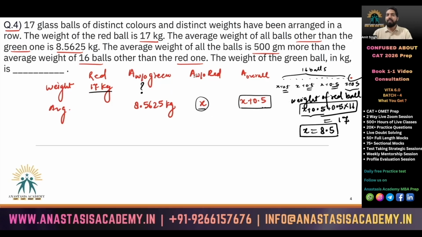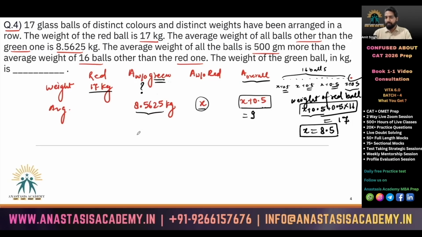Now we have the average of all the balls as, if I add this, 9, right? Now I can find the weight of the green ball. How? Without green, this is the average for 16 balls.